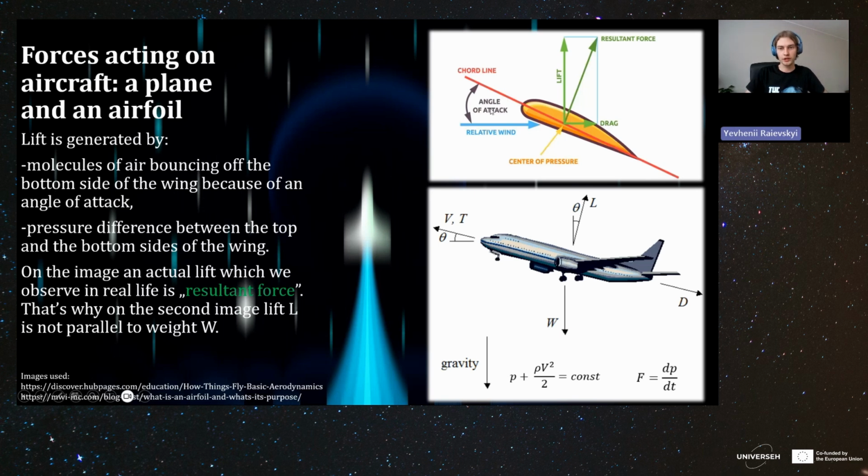So we have a pressure difference, and because of that, our molecules accelerate and go up with a greater speed than those molecules going forward at the bottom side of the wing.